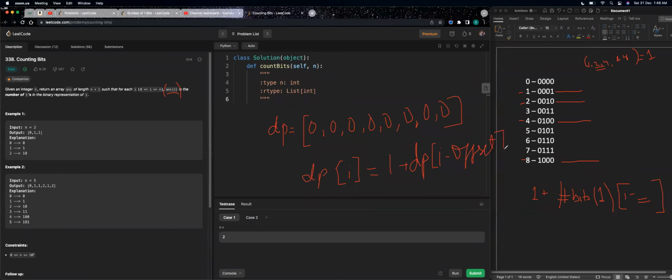So what's this offset? Offset is the recent power of 2 that we have encountered when we are traversing our dp from 0 to n plus 1.